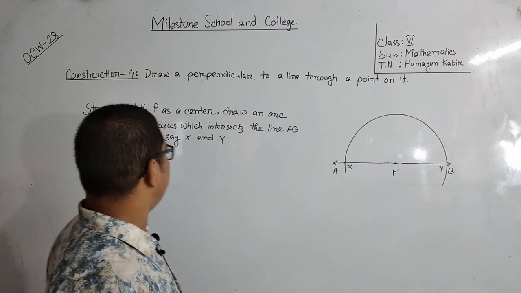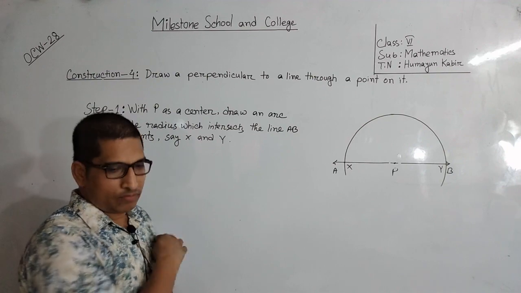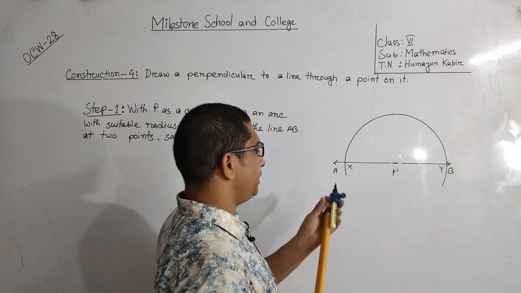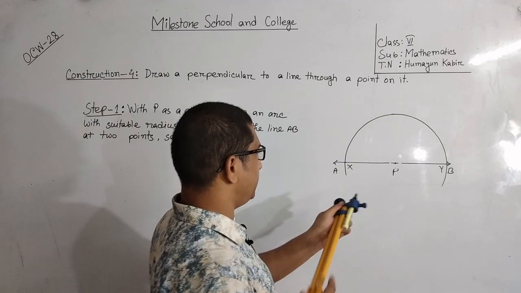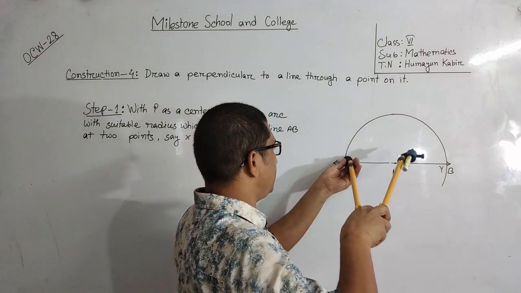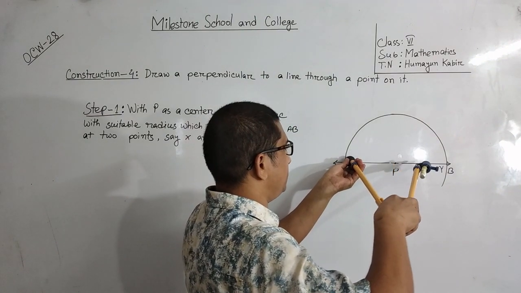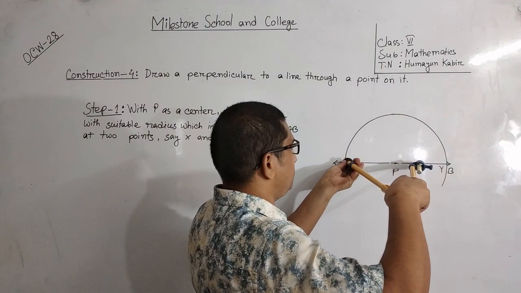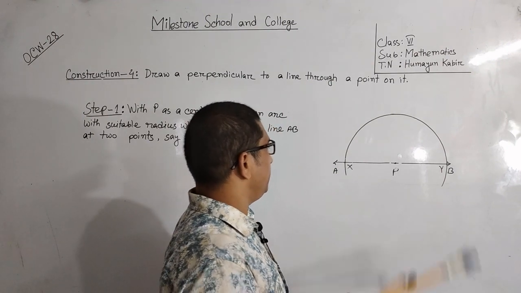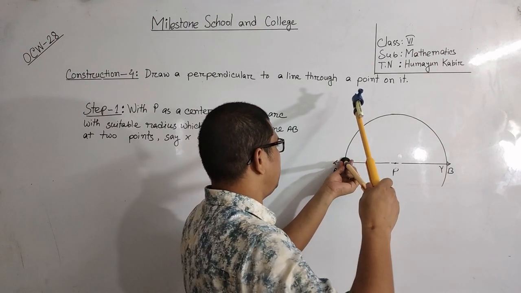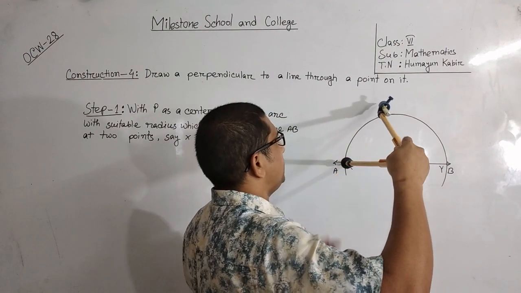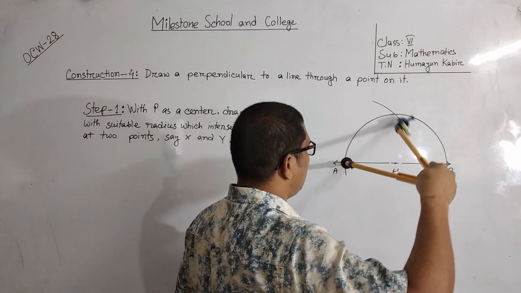Now our second step. Okay, so in our second step, what will we do? Here we will take the radius greater than XP. So look at here, this is greater than XP. After that, here X as a center, that means this pointer you will set here, will draw one arc.